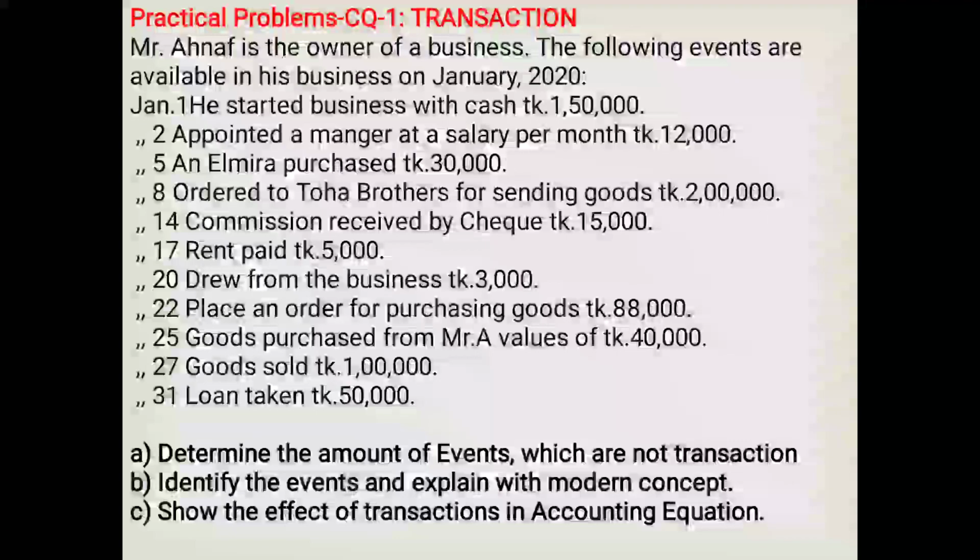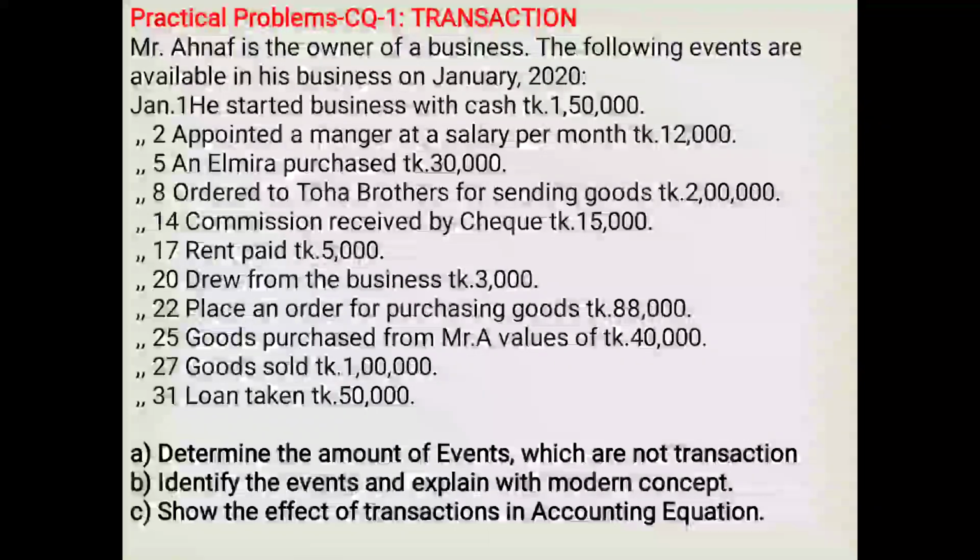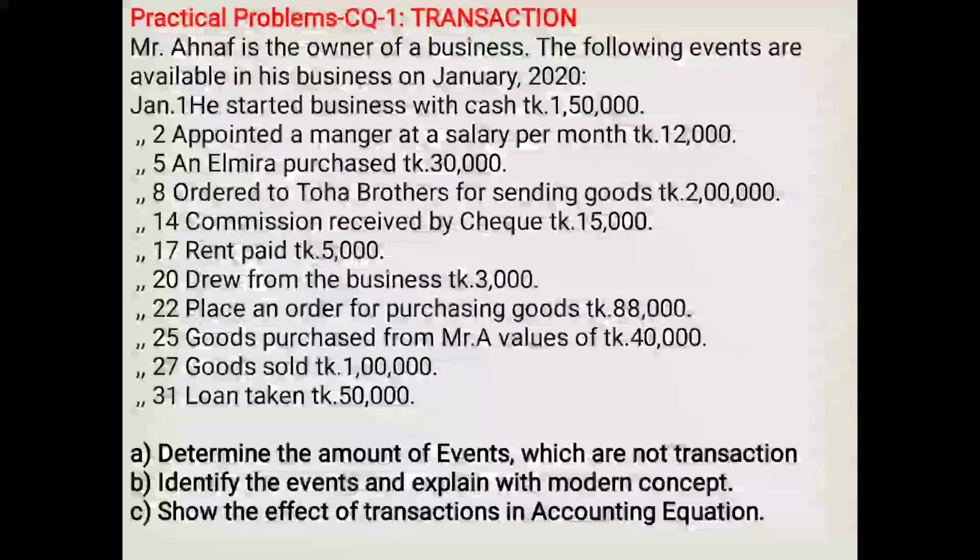Now, requirement C: show the effect of transactions in the accounting equation. When the question asks you to show the effect of transactions in the accounting equation, you have to show the effect in tabular format, that is, a transaction summary.